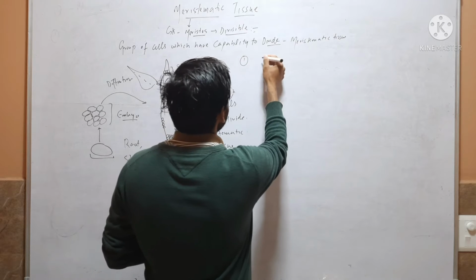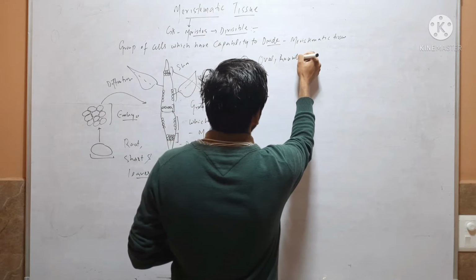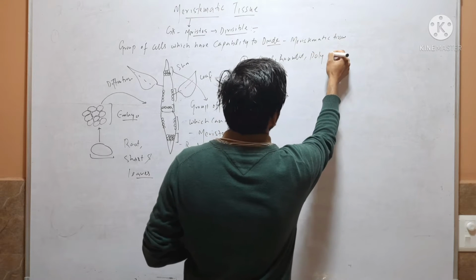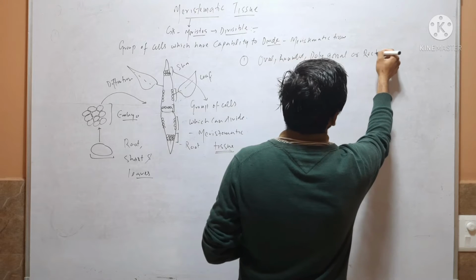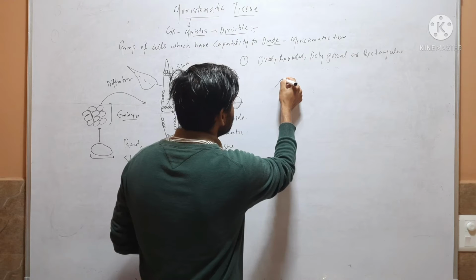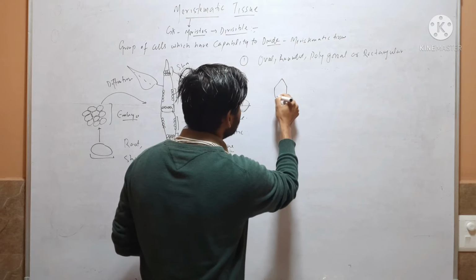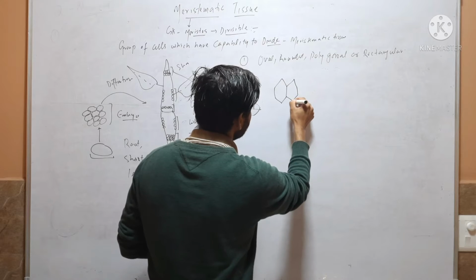First, the cells may be oval, rounded, polygonal or rectangular, and cells are compactly arranged like this.